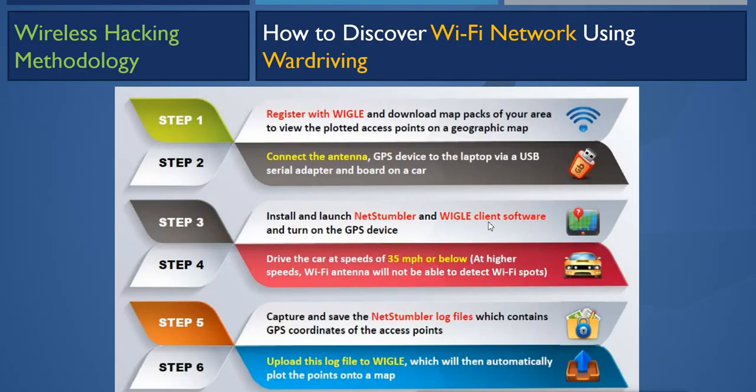Now, how do we discover Wi-Fi networks using war driving? What are the steps? First, step 1, register with Wigle and download map packs of your area to view the plotted access points on a geographical map. You can register on the Wigle site, download the map of your area, and then see the access points plotted in that area.